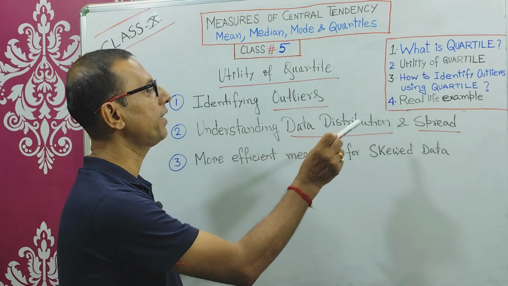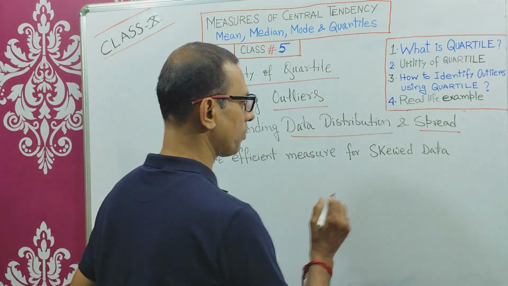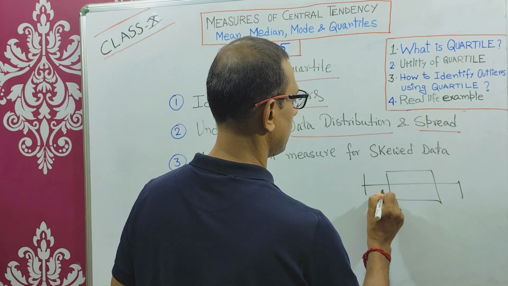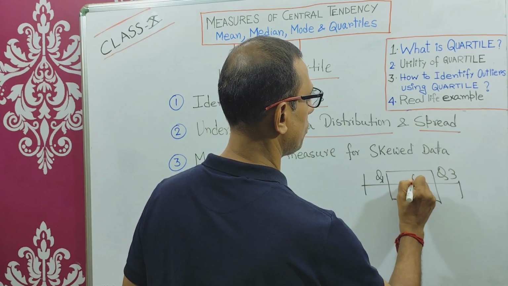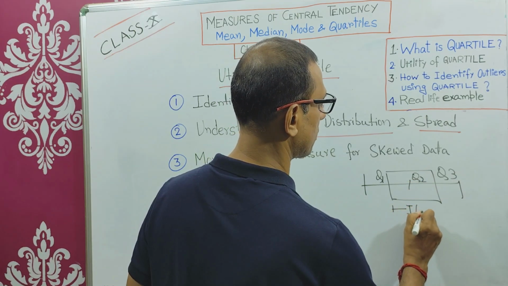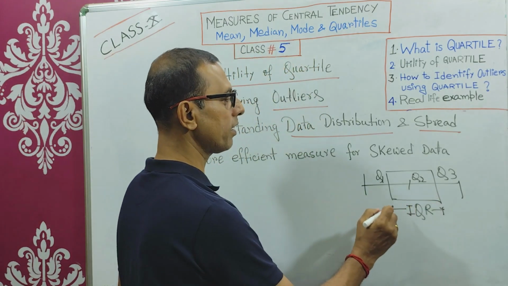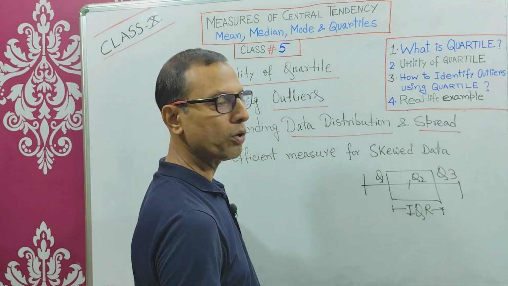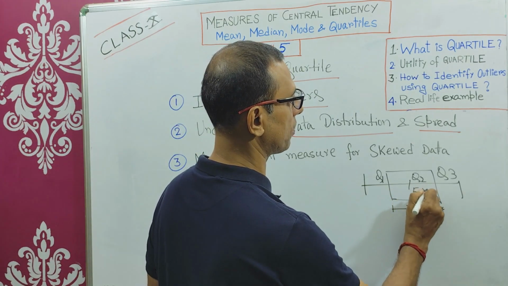Second is understanding data distribution and spread. Spread means in the IQR, what we have shown in the IQR, if this is Q1, this is Q3, and this one is Q2. So Q3 minus Q1 is IQR. So as I said, if the value of IQR is very low, that means the variability is low, because this IQR consists of 50% of data.